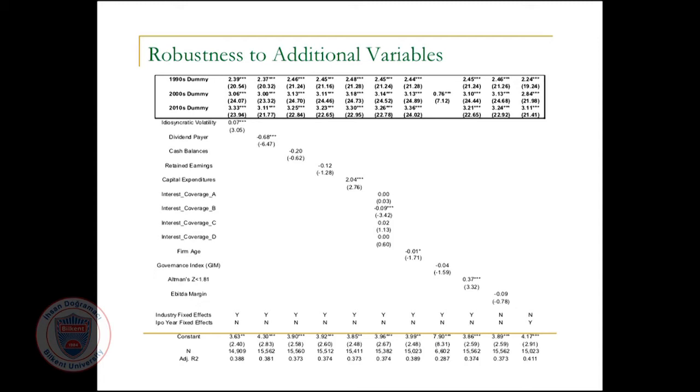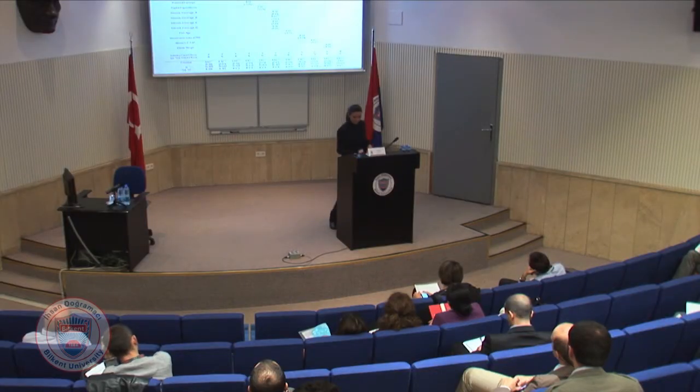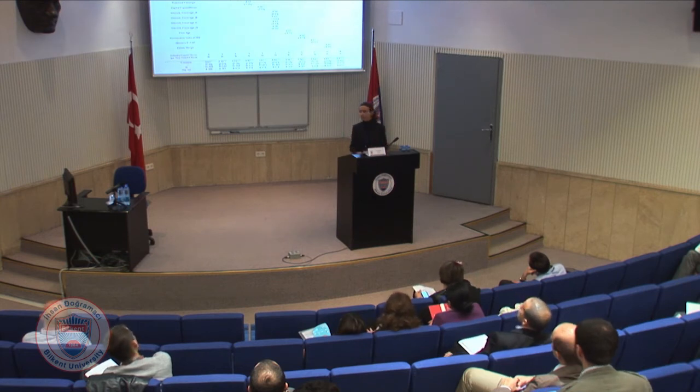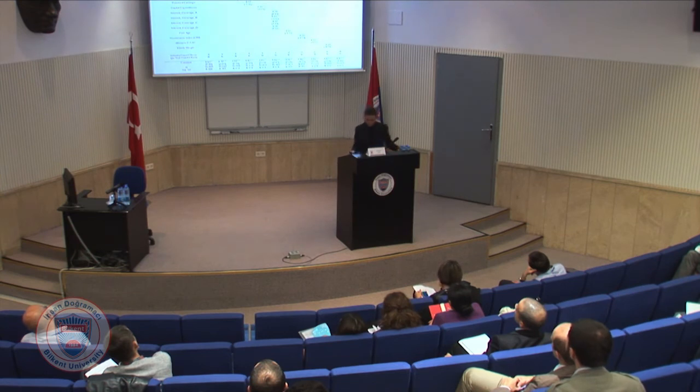We try idiosyncratic volatility, dividend payer, cash balances, capex, interest coverage, firm age, GIM index, EBITDA margin, and overall, the results seem to be not sensitive to inclusion of these variables. So we do not observe substantial changes in the pattern of decade indicator variables. There is some differentiation, of course, but broadly speaking, the patterns are similar.